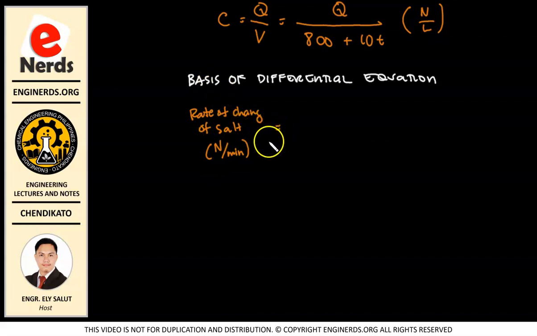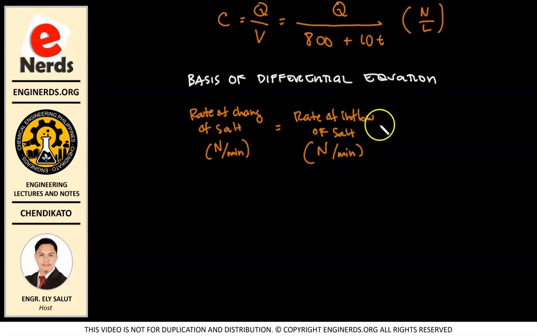This will be equal to rate ng inflow ng ating salt, which is in Newton per minute, minus the rate of outflow of salt. Of course, this is also in newtons per minute.